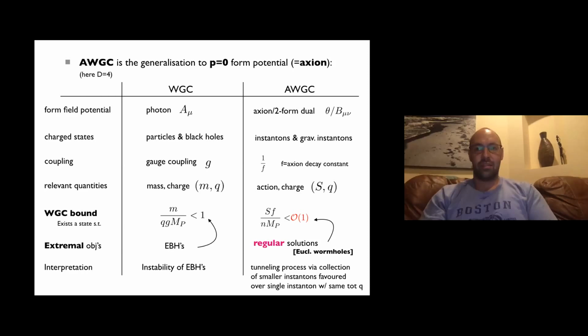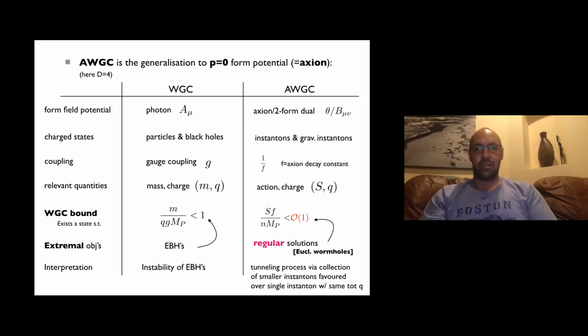In the axionic case, this statement gets replaced by requiring the existence of a state with action to charge ratio smaller than an order one coefficient, which is set by the action to charge ratio of those extremal objects in this axionic version, which we take to be, and there is a lot of discussion about this, regular Euclidean wormholes.